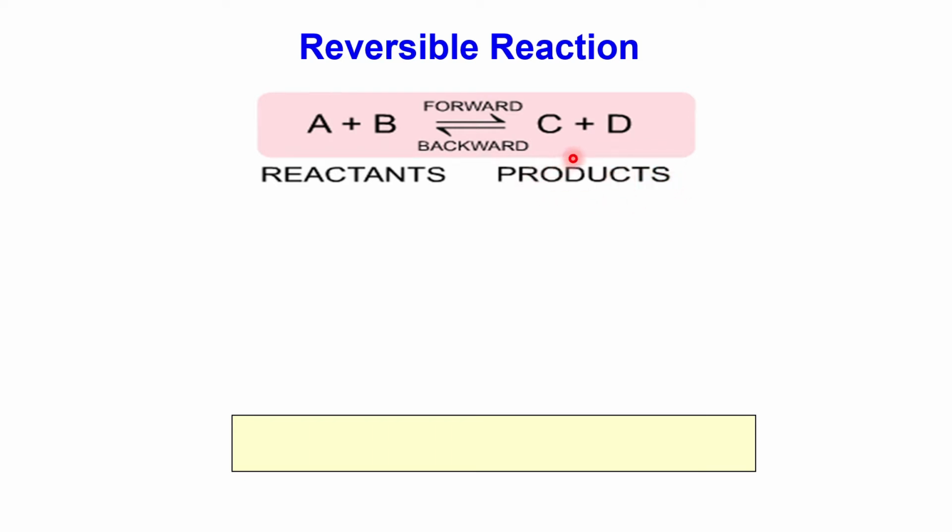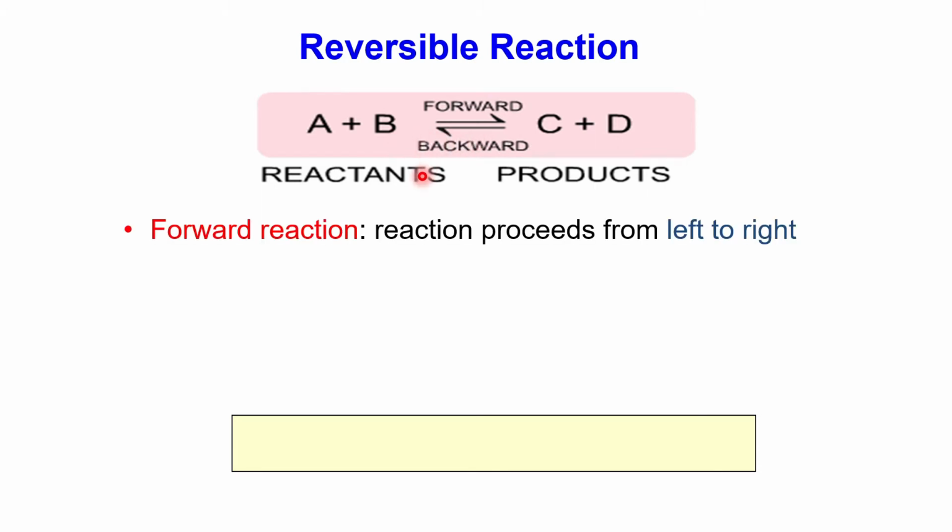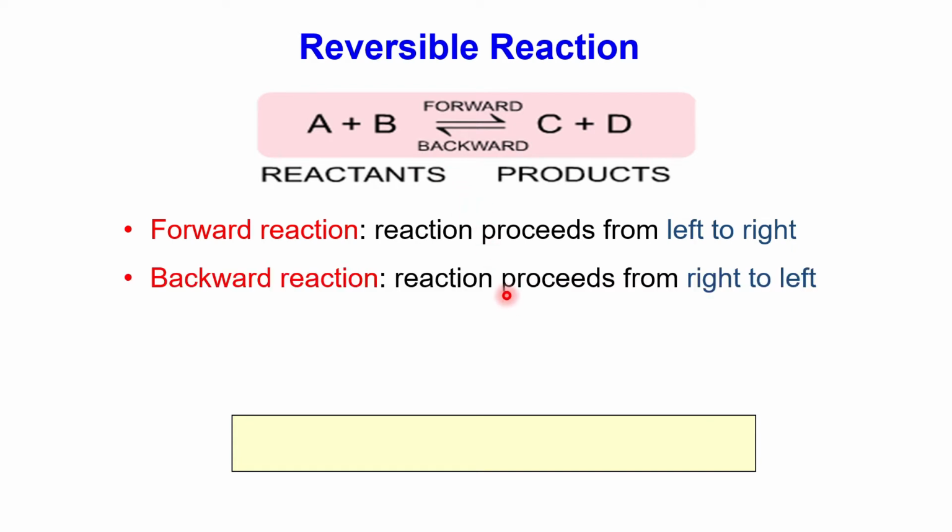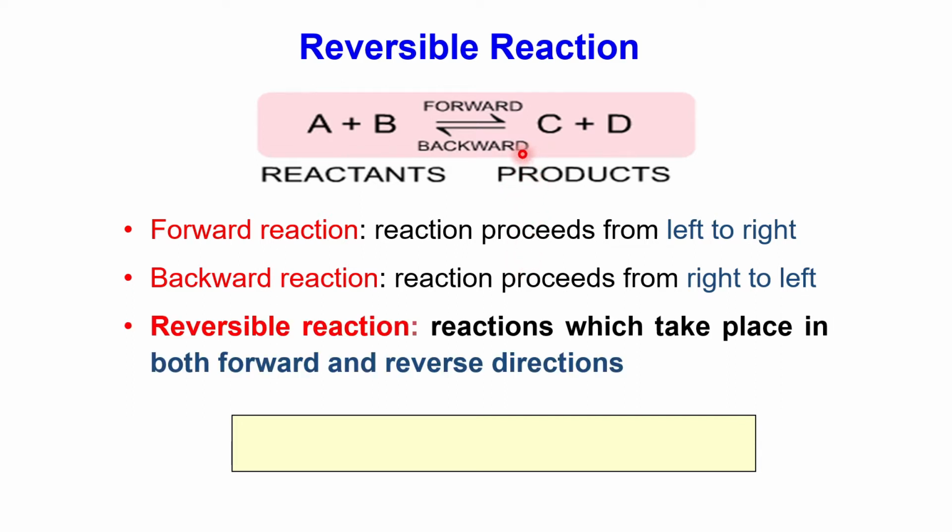When time increases, C and D will decompose, meaning they will break down and go backward. Reverse reaction produces back A and B. So you need common sense: forward means left to right and backward refers to right to left. So a reversible reaction means there is this sign, with forward and backward reactions.